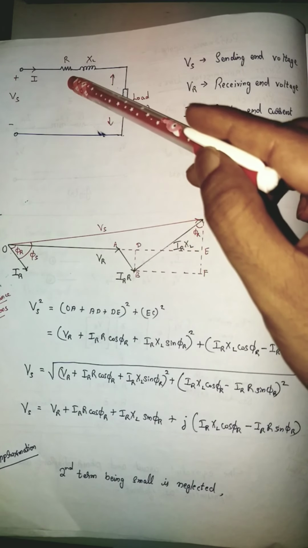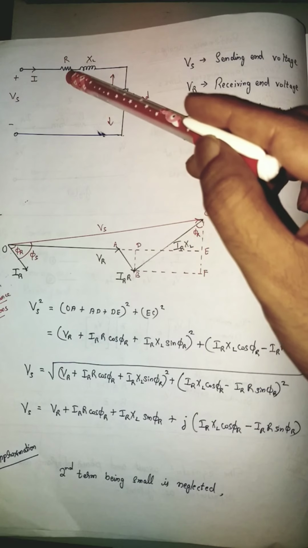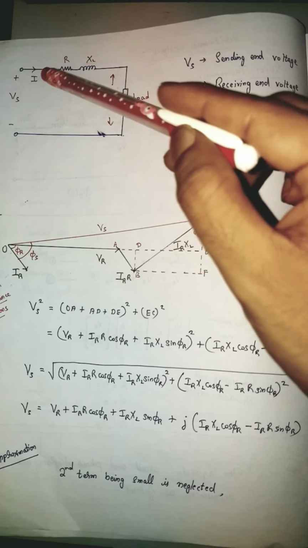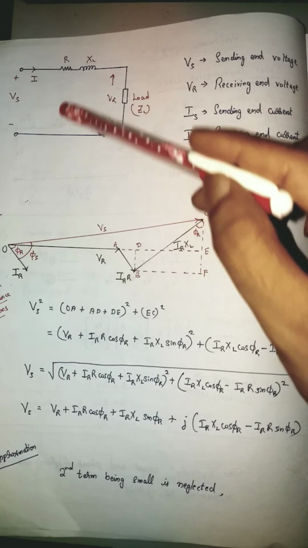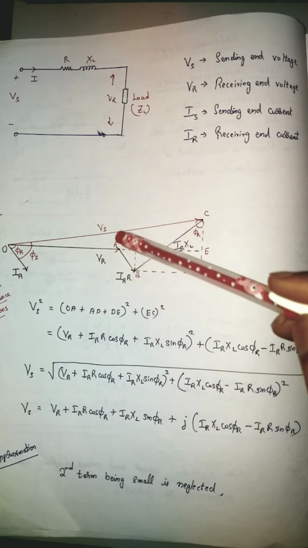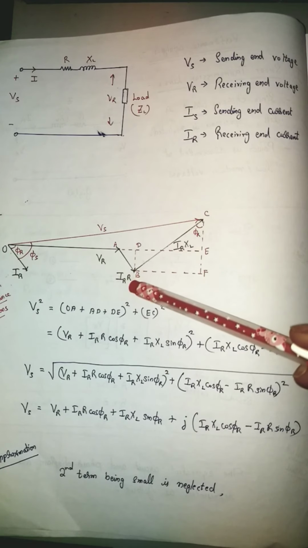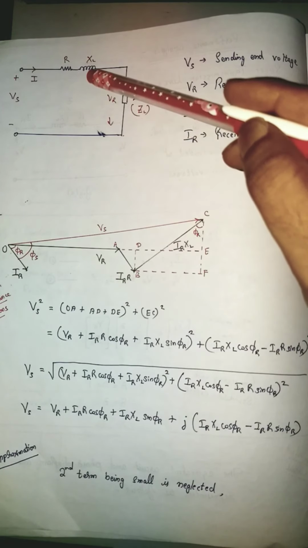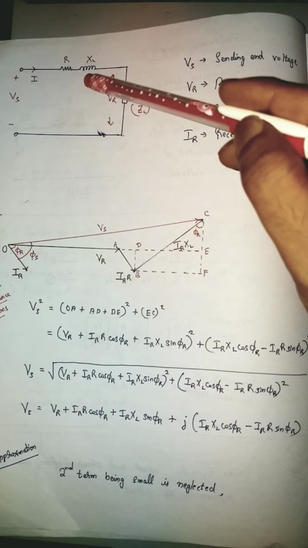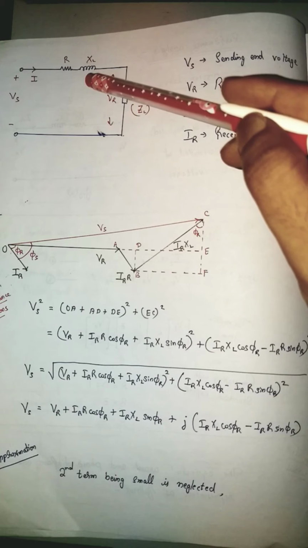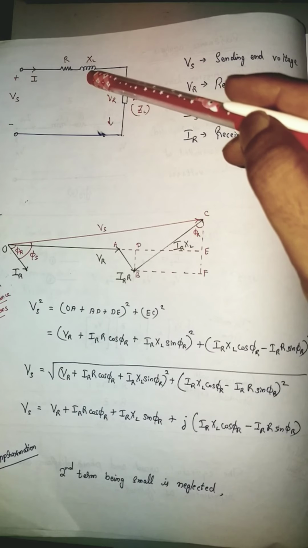Now we have to represent the voltage across the resistor. Since it's a resistor, the voltage across the resistor and the current will be in phase. Already I have the current, so I'll represent the voltage also here. Voltage is nothing but IR into R. Then when it comes to the inductor, current lags the voltage by 90 degrees ideally. So here the voltage is said to lead the current by 90 degrees.